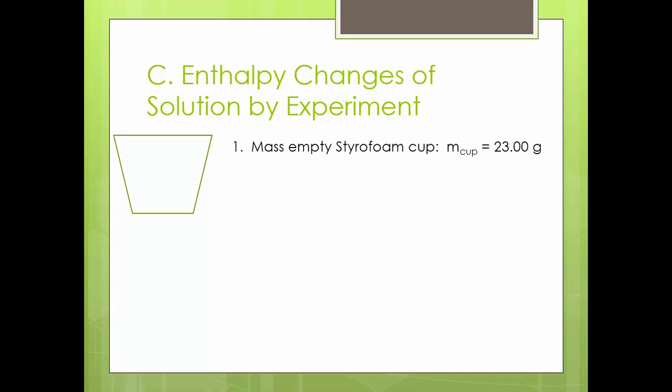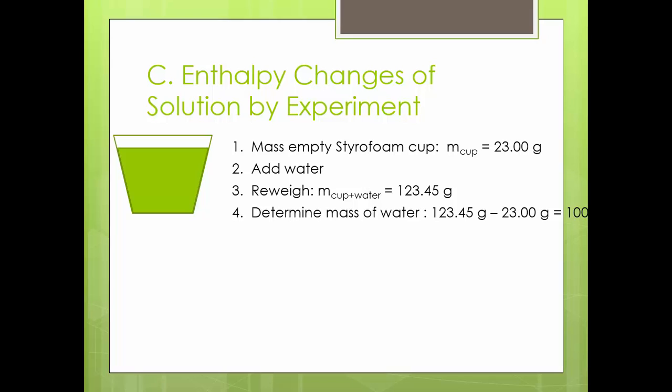So here's an example. We have the mass of the empty styrofoam cup at 23 grams. Add water. Reweigh it, you get 123.45 grams. So that means the mass of water is 100.45 grams. Initial temperature is 18 degrees.